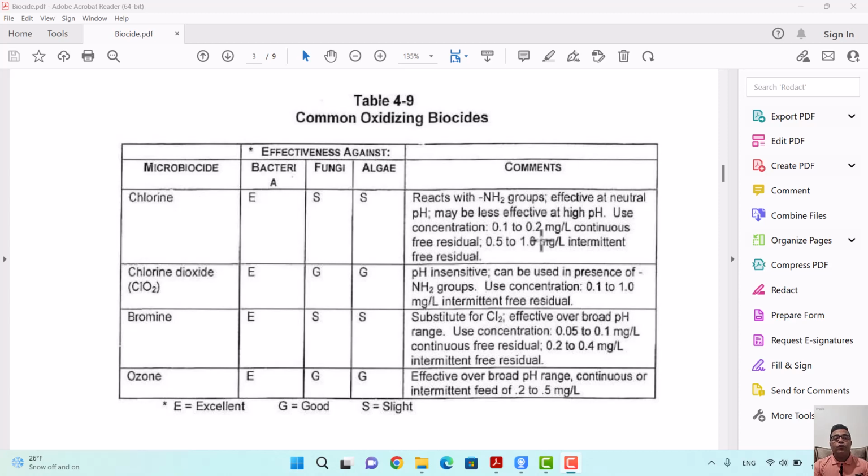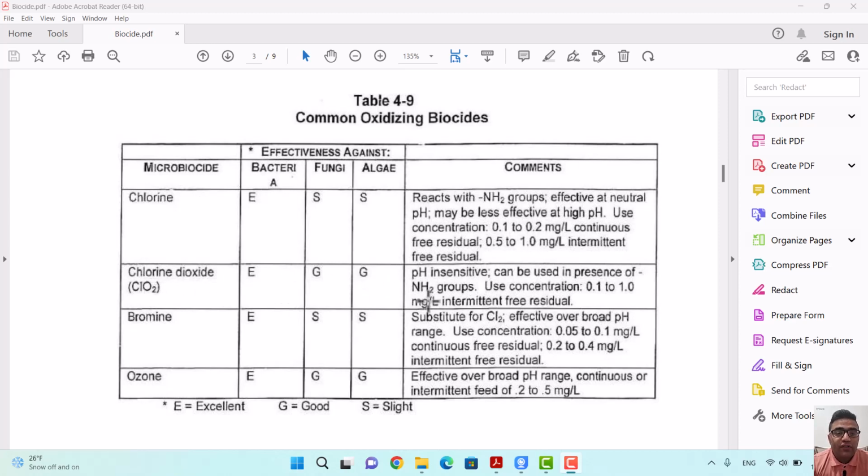They have good performance, and you're not going to see any kind of algae or bacteria on the walls of your cooling water systems. It is a good recommendation, but if for 1 week, 2 weeks you are not able to maintain the free residual within this limitation, don't worry about this.